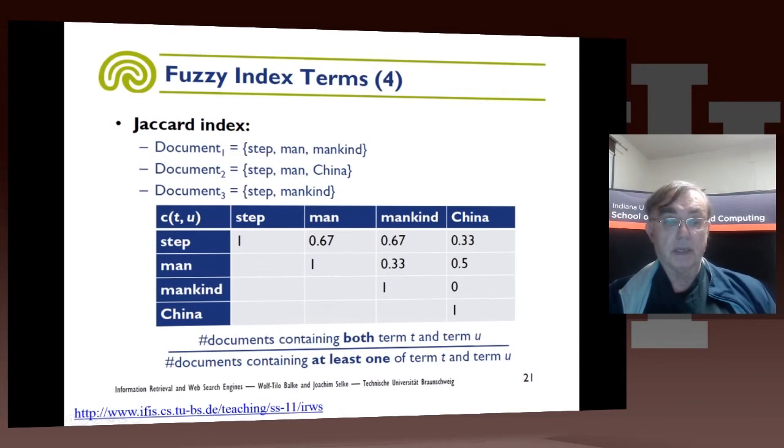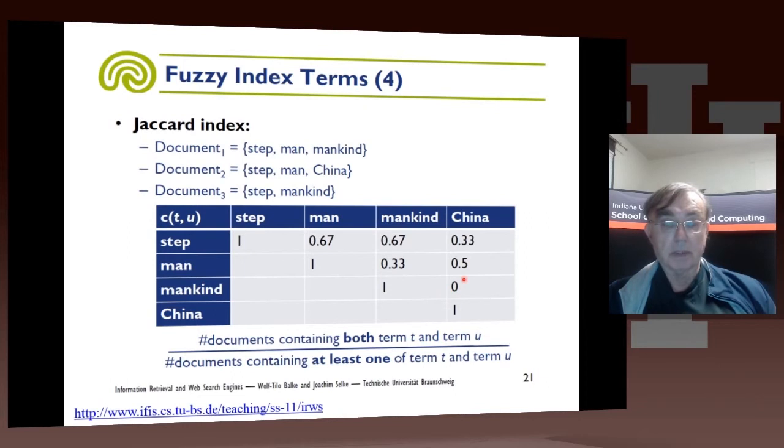If we have step and man, 3 documents have step or man, 2 documents have step and man, so that's 0.67. Same with mankind. This document and this document both have step and mankind. This document just has step, so again that's 0.67. China is 0.33 because step is in 3, China's in 1.